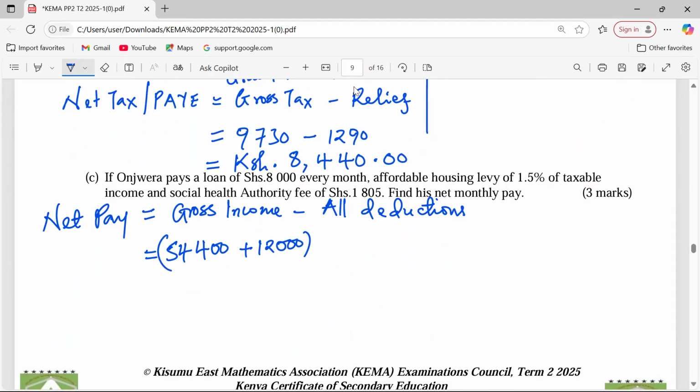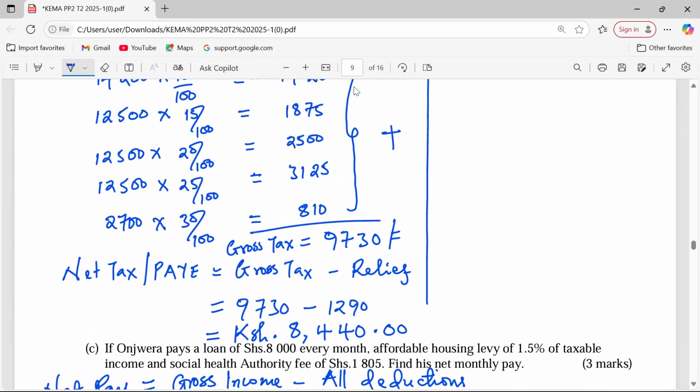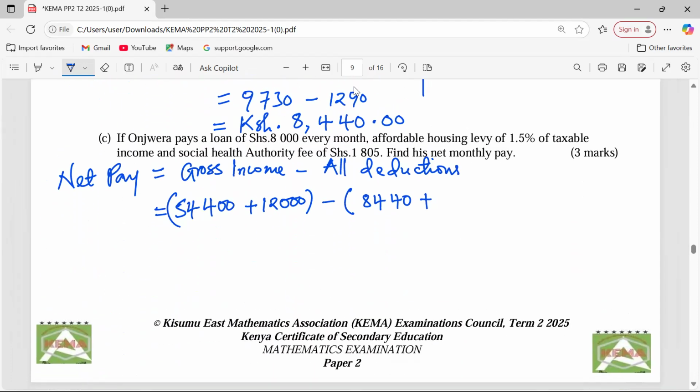Then we subtract all the deductions. The first deduction is the payee that he pays. So the payee, 8440. What are other deductions paid by Onjwera? Other deductions include, from the statements, premiums 2700. Else, we have a loan repayment, 8,000.